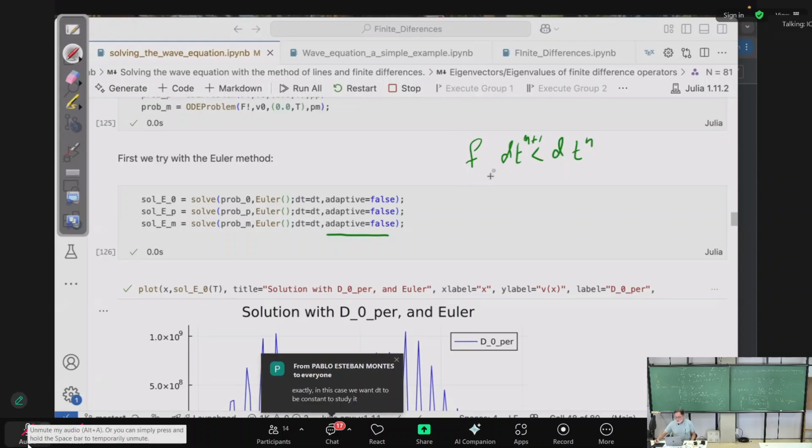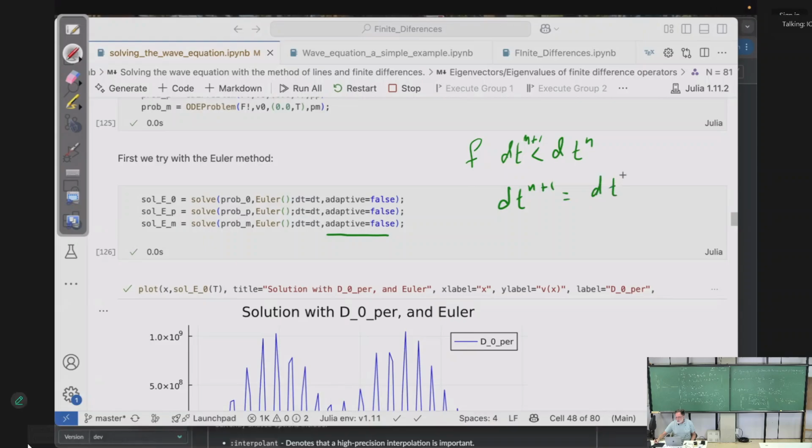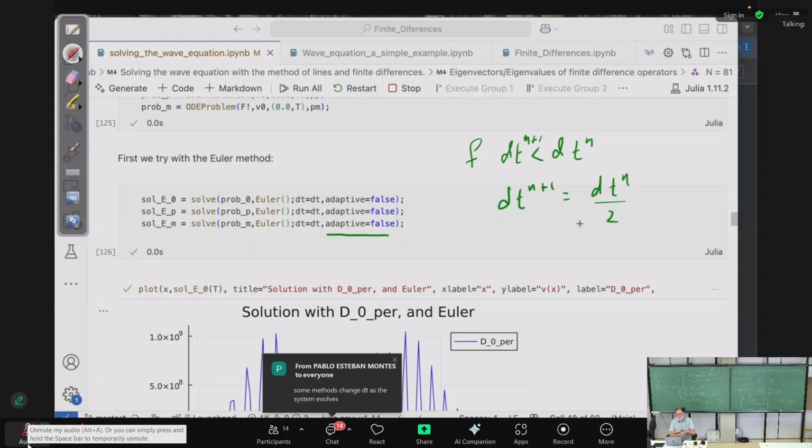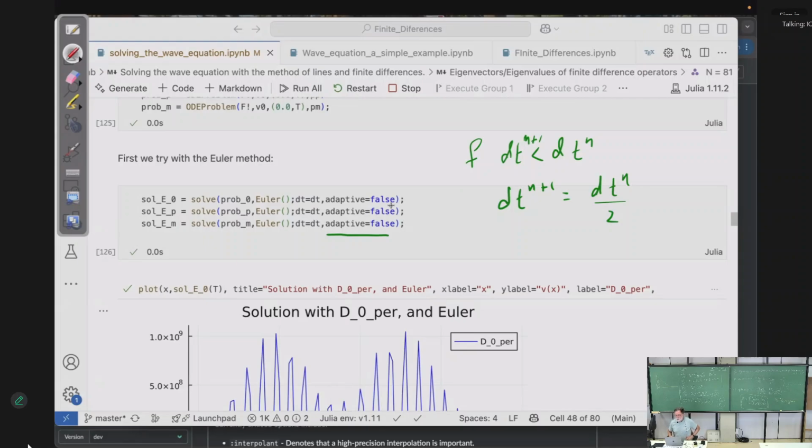Otherwise, if the error gets too small, they will take a bigger one. Usually this is done like dt n plus 1 is dt n over 2, or the other way around. We don't want that here, because we really want to see the effect of pure Euler or pure Runge-Kutta. So that's why we turn off adaptivity. And also for the Q factor, when we compute it, we don't want this, because that will spoil everything, since at every time step the dt will be different.